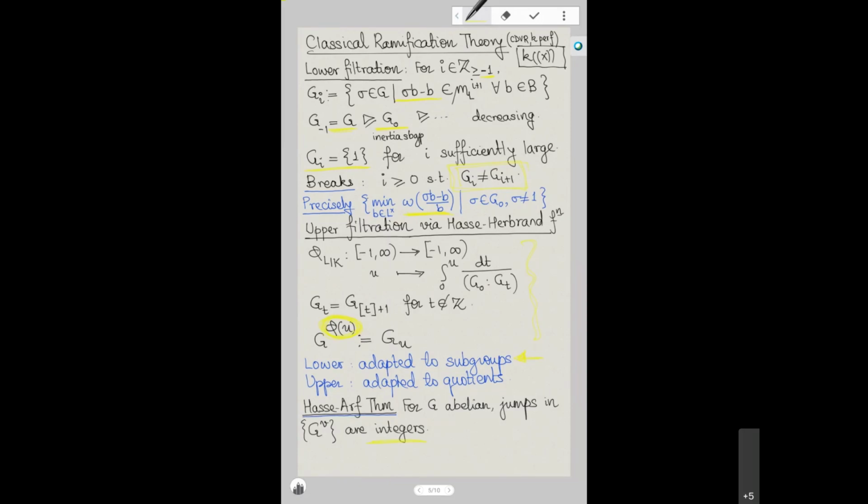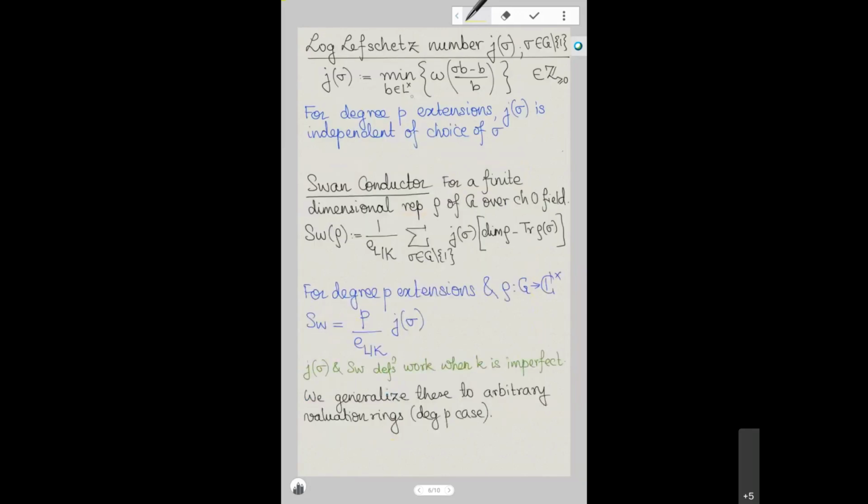Okay, so I'm going to talk about two important invariants, which I want to generalize later. We saw this particular quantity, the valuation of (sigma b minus b) over b. If you take the minimum of that, we are allowed to do that because we are using the value group, that minimum is denoted by j(sigma).